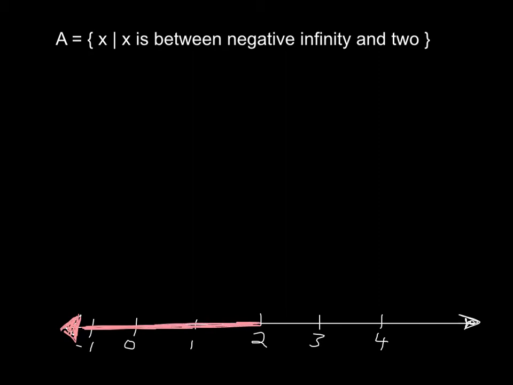But here's a word we haven't seen before, between. Between does not include. So if I'm between two walls, then I'm not in the wall. So we know that it's going to be less than 2 and not including 2.